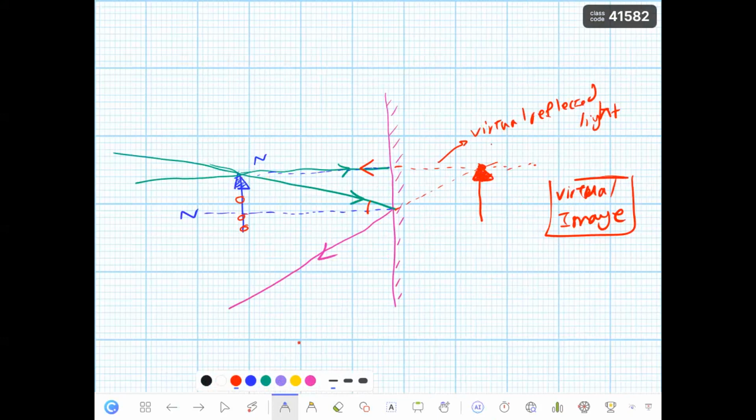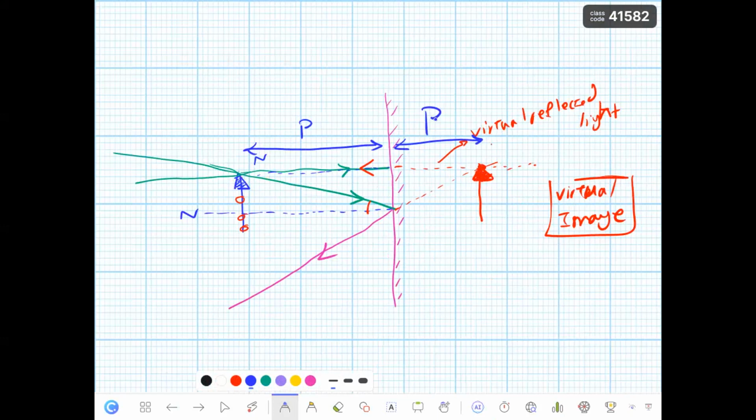One other thing: the distance from the object to the mirror, if you call it P, is going to be equal to the distance from the image to the mirror. So this will be P as well. In a drawing like this one, it is not exactly equal, so again you need to use the tools to draw a perfect image.